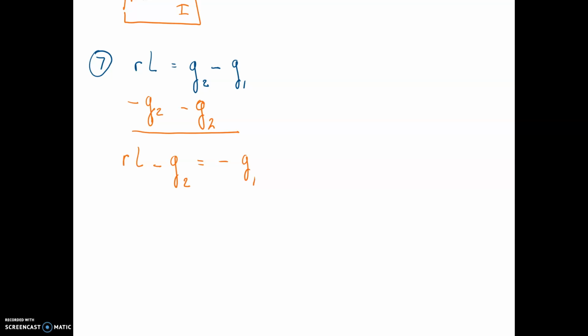What is the negative right here? The negative right here is negative 1 multiplied by G1. Remember that. Because you have negative 1 multiplied by G1, I must divide by negative 1. And so I must divide everything by negative 1 also on the left side of my equation.